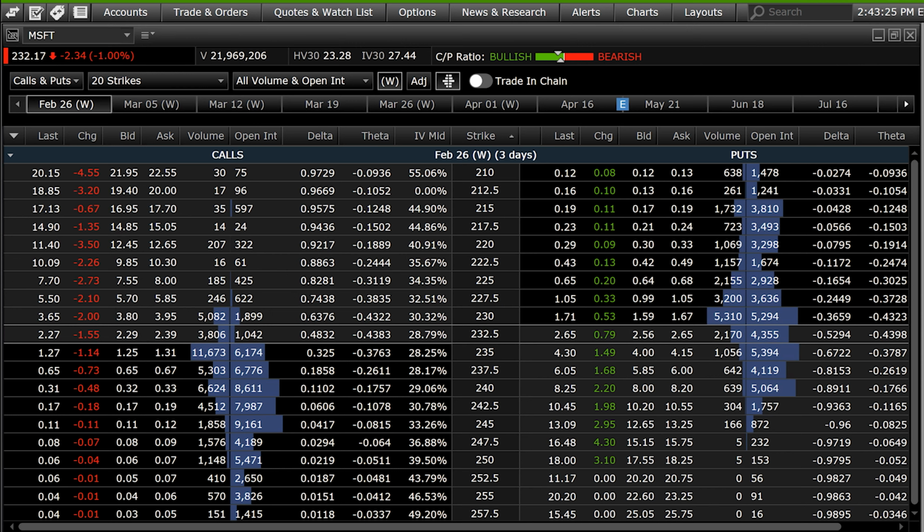Basically, based off of the current movement of that particular stock, this is a forward-looking point of view that says this is what the market expects the movement of Microsoft to be at the time. As you can see here, the implied volatility is more than the historical volatility. What that means is that right now the market is expecting the movement of Microsoft to be more in the future than it has been in the past.